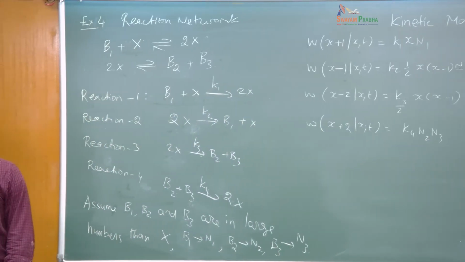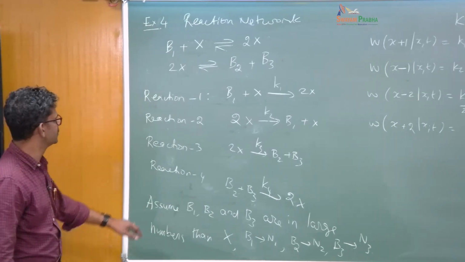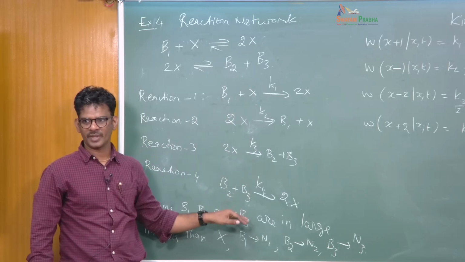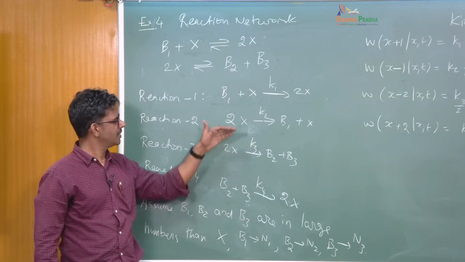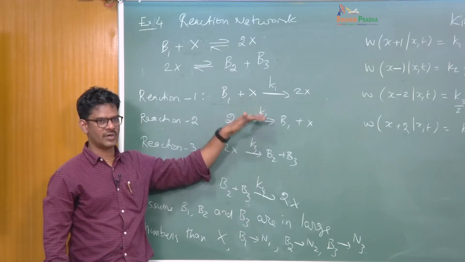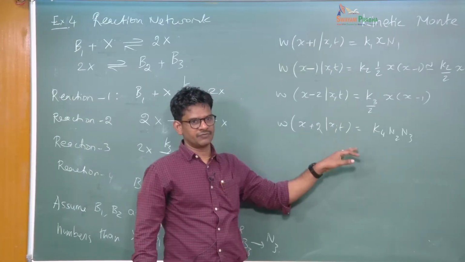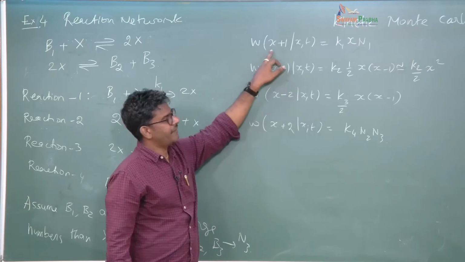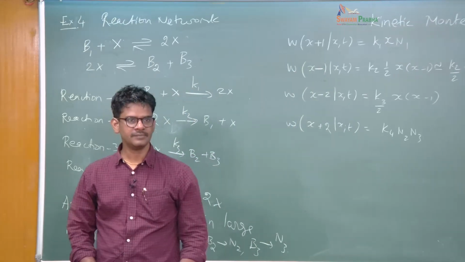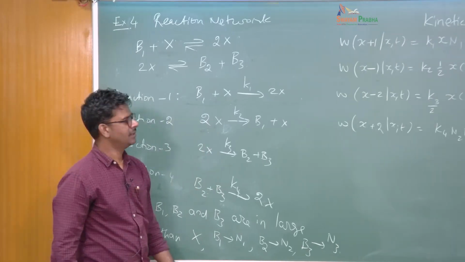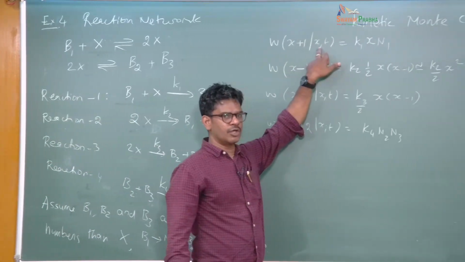So when you have a reaction network like this, what you need to do is write up independent events, the forward and backward reactions, separated based on the rate constant. The next thing is to write the rates for each of these, also identifying how the changes are happening. Suppose you want to include B1, B2, B3 also, we have to have additional arguments here.